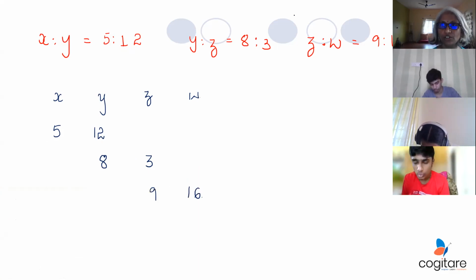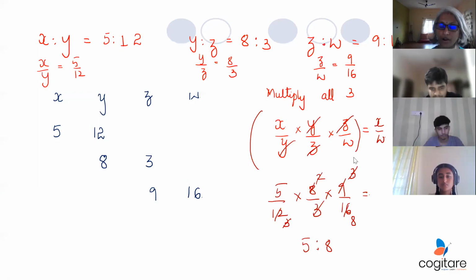I'll pause recording, work on it. Kavya, just multiply all the three. You'll get the ratio X is to W. Next question.